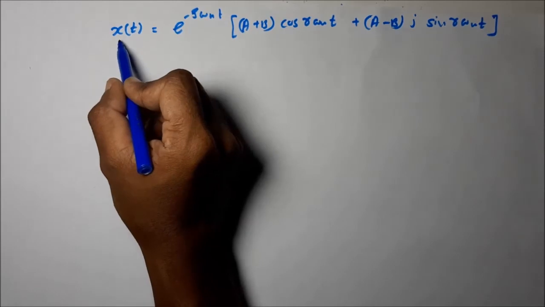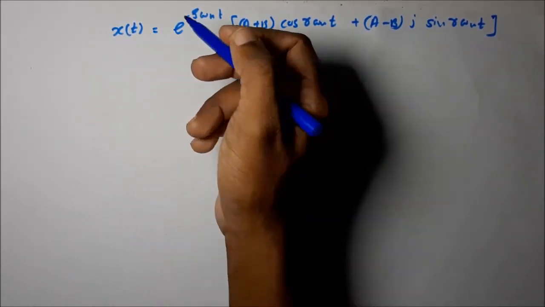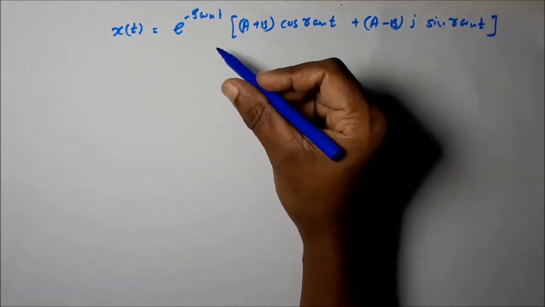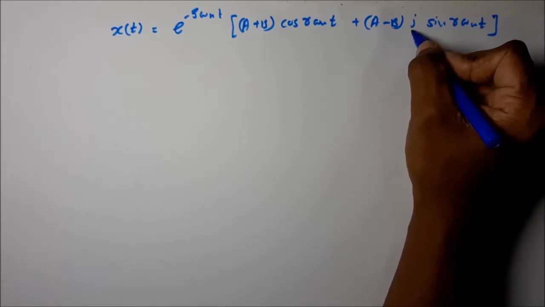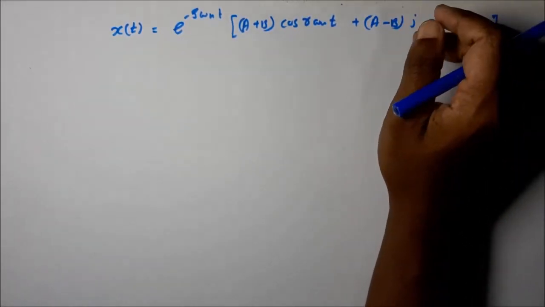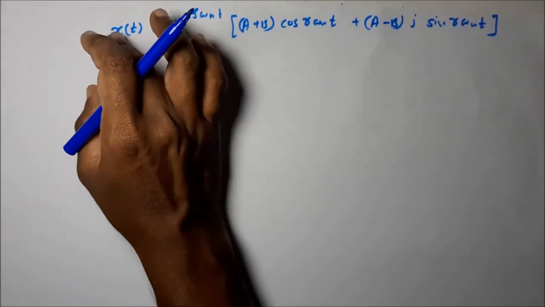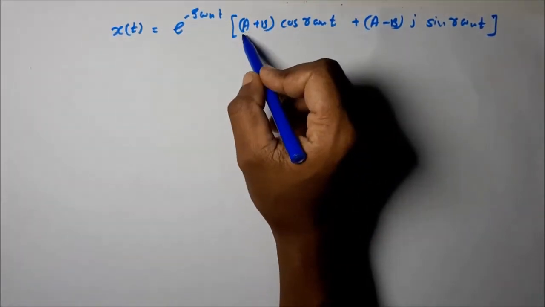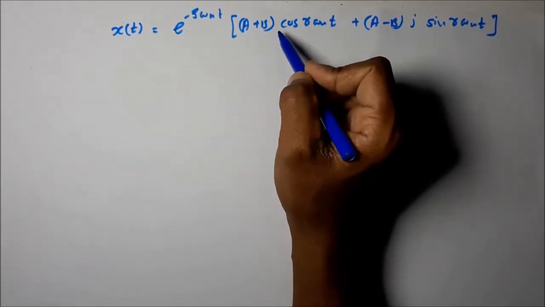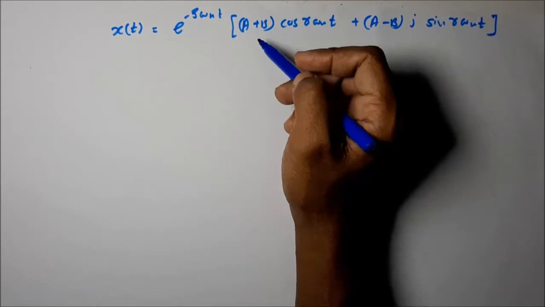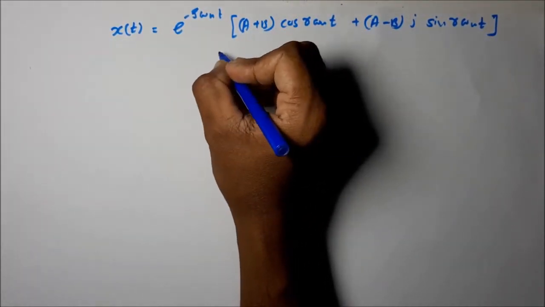In this equation x(t) should be a real value. x(t) is a distance from a certain reference plane, so it should be a real value. But here there is an imaginary part, so there should be no imaginary term for x(t). To produce a real value, the constants A and B have to be complex conjugate numbers.